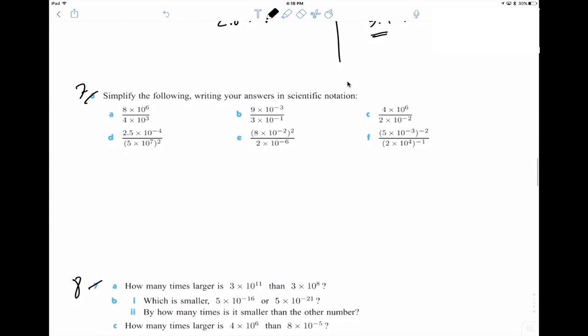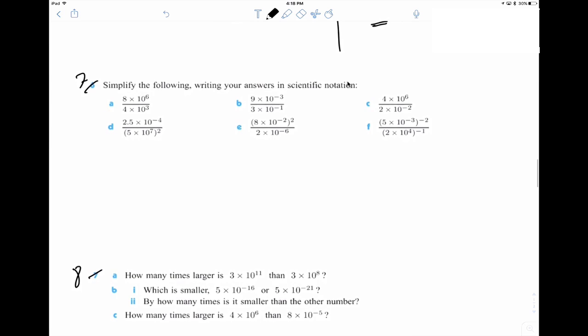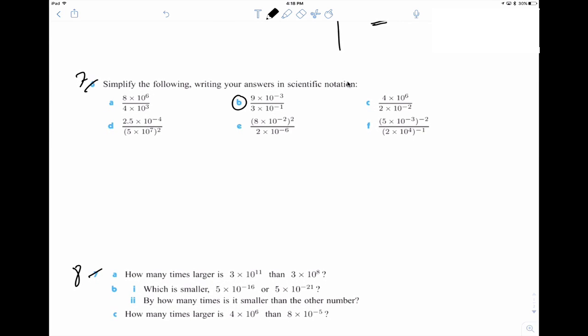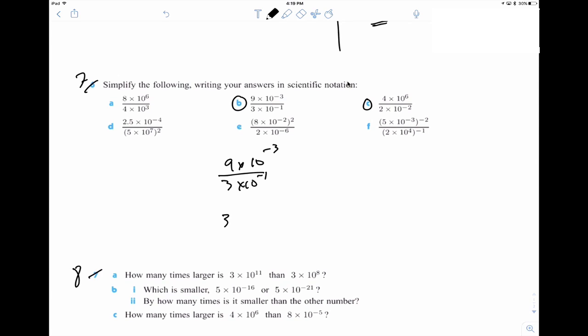For 7, I'll do, again, B and C. This isn't going too long, I don't think. So what have we got? 9 times 10 to the minus 3 divided by 3 times 10 to the minus 1. So 9 divided by 3 gives us 3. 10 to the minus 3 divided by 10 to the minus 1.